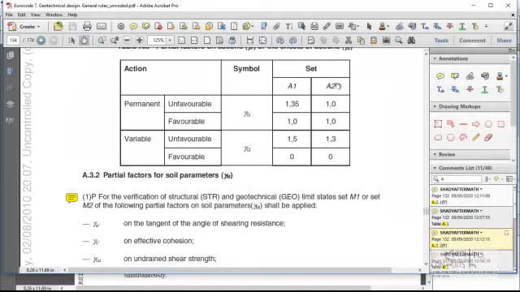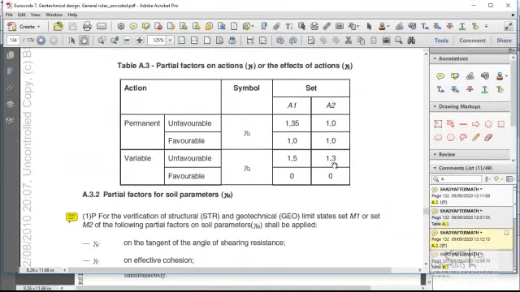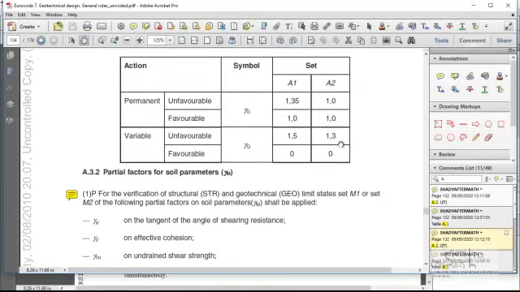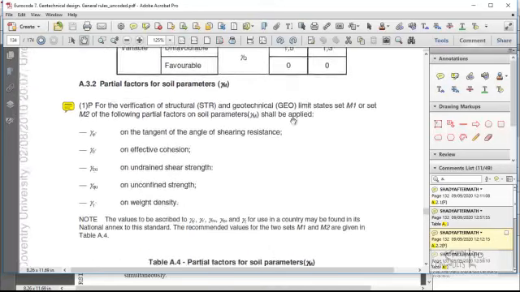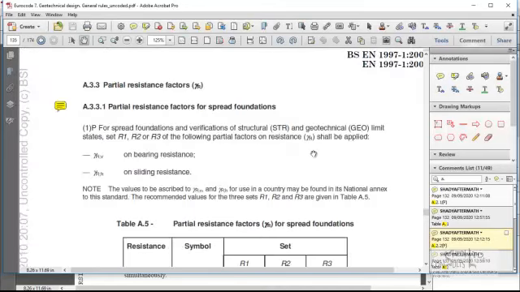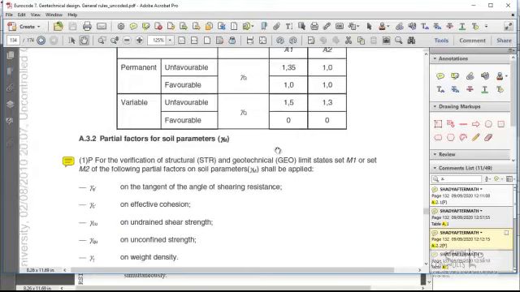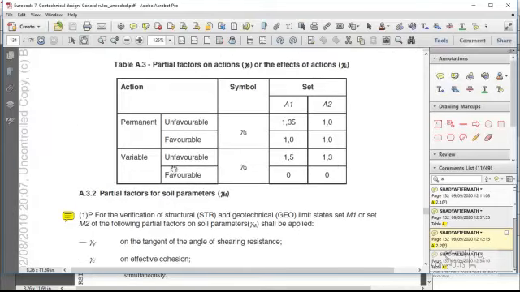Those are the unfavorable sliding forces. Under the geo and structural limit states, we are checking the stability against sliding, and then comparing with the resistance of the soil, the resistance of the foundation against sliding. So for the unfavorable forces, the variable forces which are imposed loads, the partial factor of safety is 1.3.